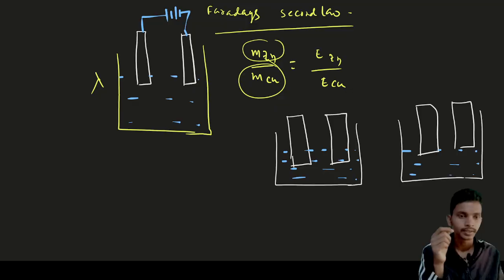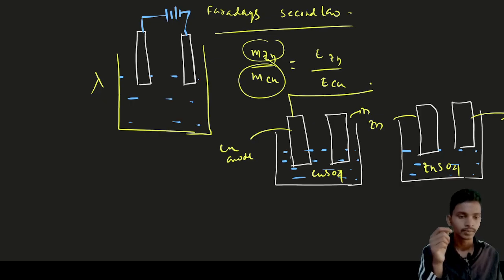So let's say this is CuSO4 and this is ZnSO4, and this rod is a copper rod, this is a Zn rod. This is the anode. So we will connect like this: positive charge, negative.